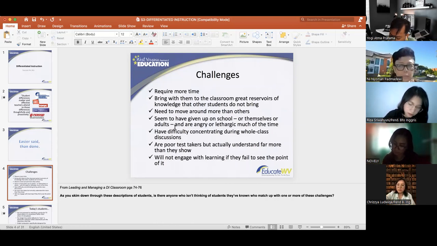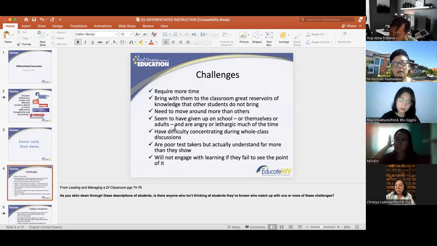So the enrichment program provided in each classroom must also differentiate it. So you have to train your student how they are coming forward to the enrichment program after they are able to finish the task that they are given.